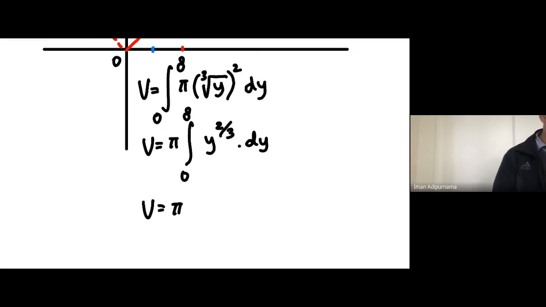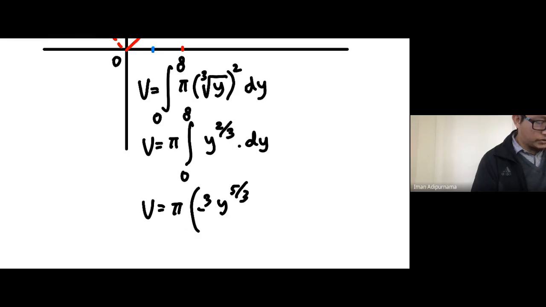So the volume will be the integration of y to the 2 over 3 plus 1, right? That's 5 over 3, and then 3 over 5, from 0 to 8.